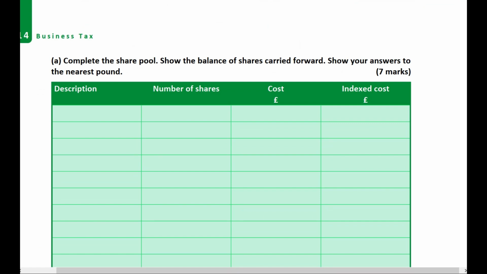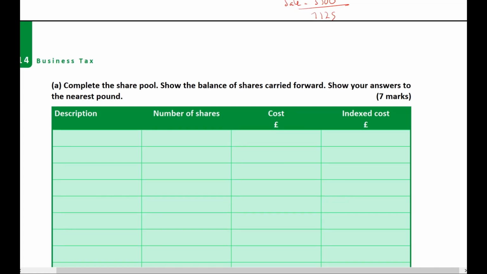You will see I've got some headings filled in: the description, the number of shares that have been added or subtracted, the cost of those, and the index cost of those. And just a reminder that index cost means cost and then the indexation factor added together. So cost and indexation together, where of course the cost column is just a cost on its own.